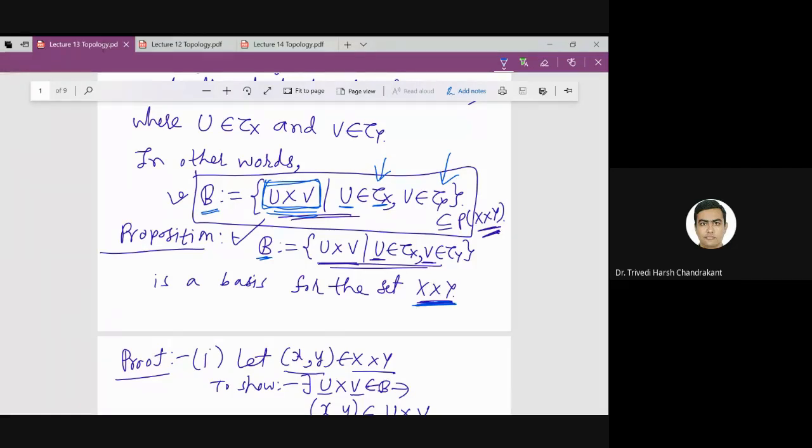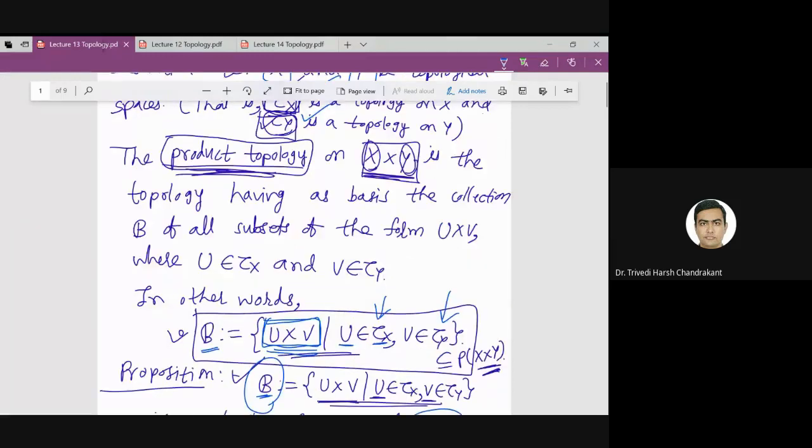And once it is a basis, it will give us a topology. Every basis on a given set gives us a topology. So the topology generated by this basis on X cross Y, we call the product topology.